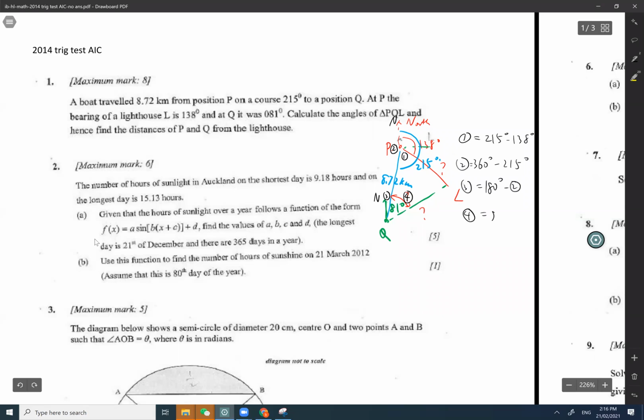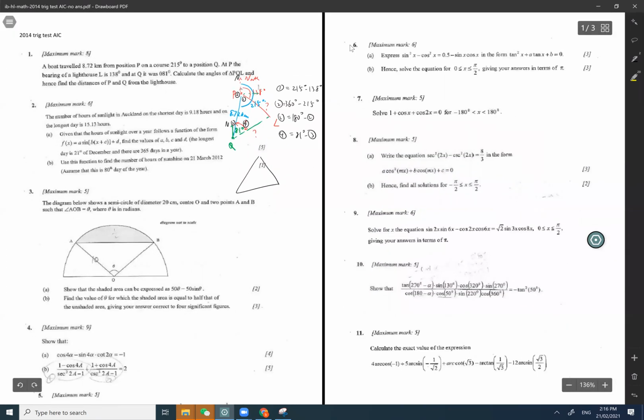Number 4 just equals 81 minus number 3. If you got the angles, next part.